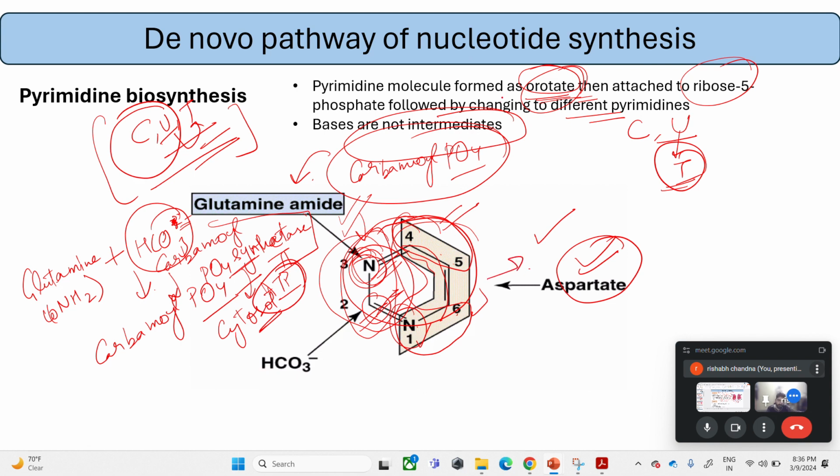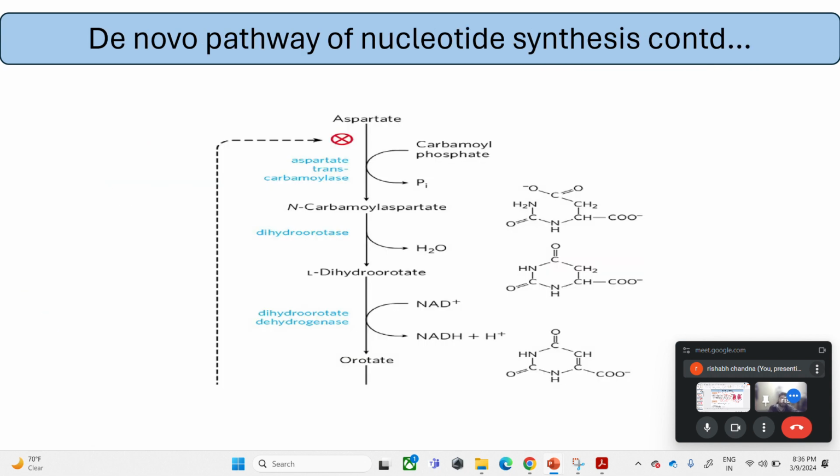Okay, so now moving on to the major process of the de novo pathway of nucleotide synthesis. Like we talked about, there are two molecules basically involved, the aspartate and the carbamoyl phosphate. So first what happens, the aspartate molecule is attached to the carbamoyl phosphate, releasing a phosphate.